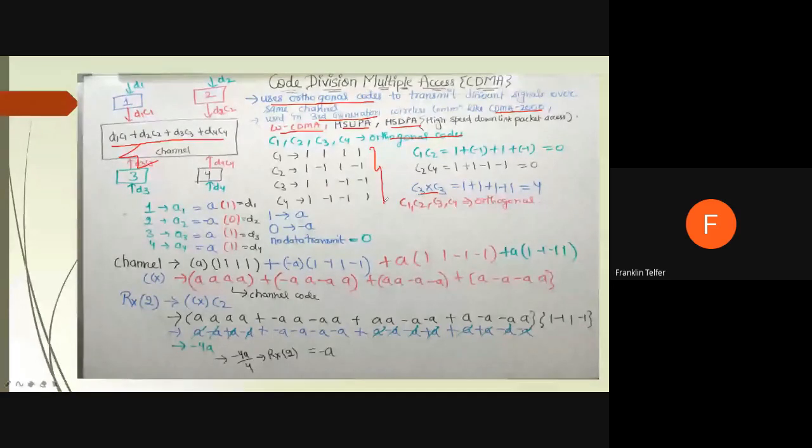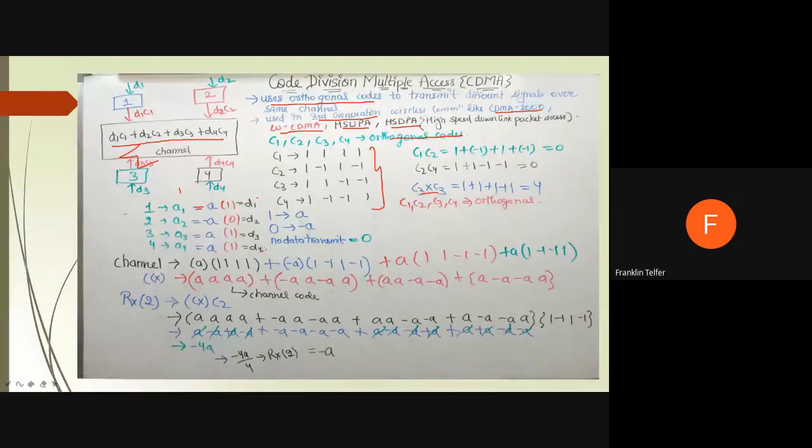So okay, let us take 1, 2, 3, 4. One has been assigned A1, A2, A3, A4. That can be further assigned as A, minus A. Let us take like 1. This A, so minus A is 0. Let us take this 1011, which can be taken as D1, D2, D3, D4.